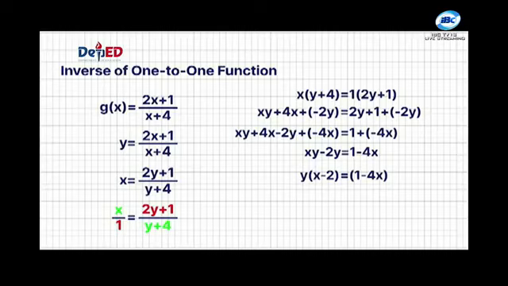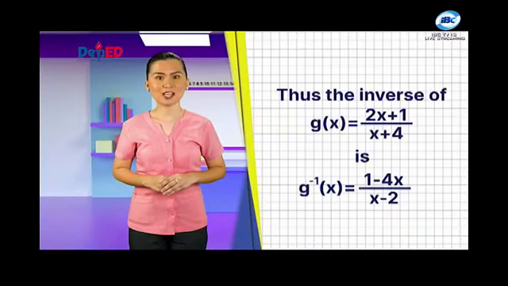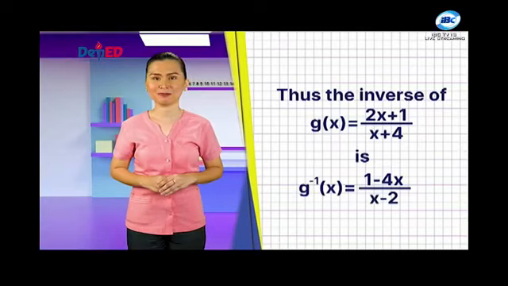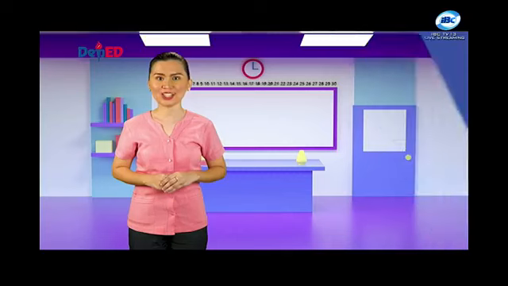By multiplication property of equality, we multiply 1 over (x minus 2) on both sides of the equation. We then have y equals (1 minus 4x) all over (x minus 2). Thus, the inverse of g of x is (1 minus 4x) all over (x minus 2). We just finished getting the inverse of a one-to-one function.